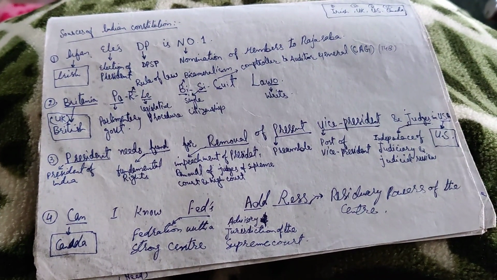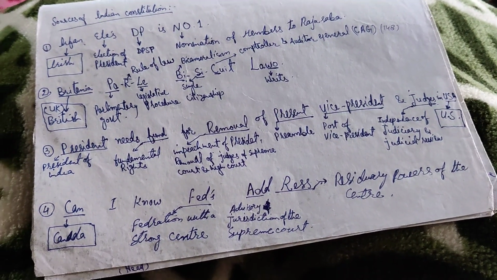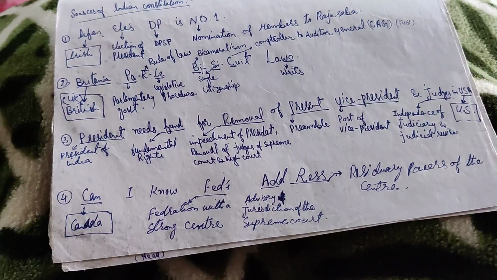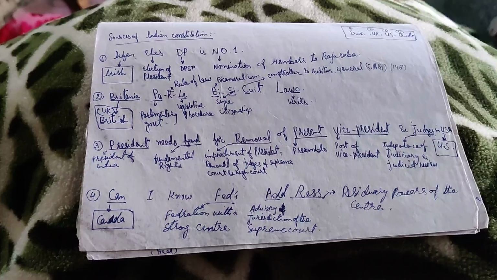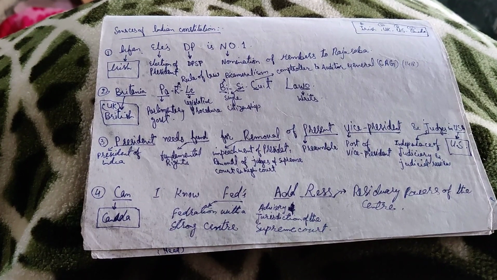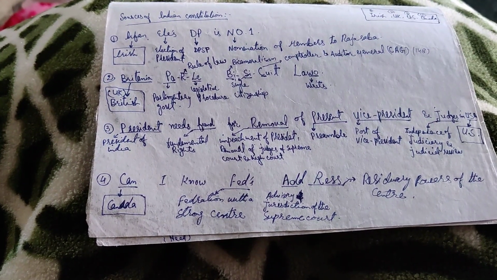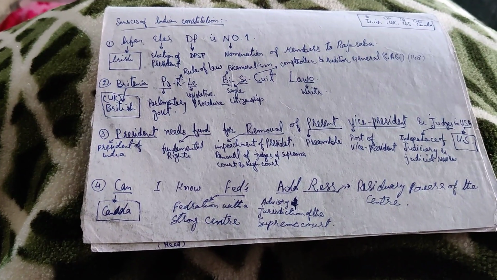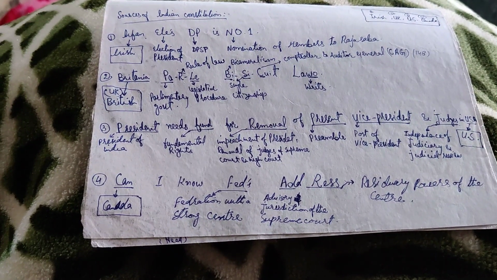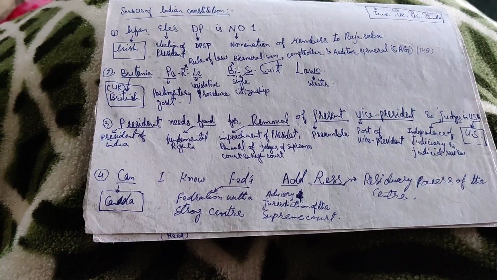In USA, it means that these features have been taken from the USA Constitution. Another one is Canada. We have taken many things from Canada too. And to remember that, I have a simple trick. Can I know FedEx address?